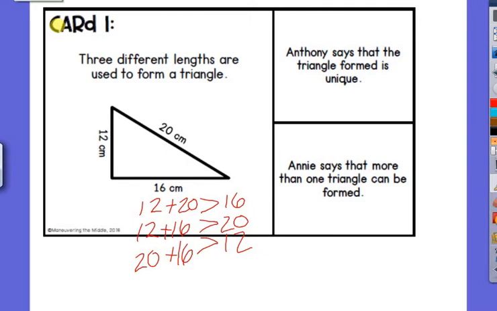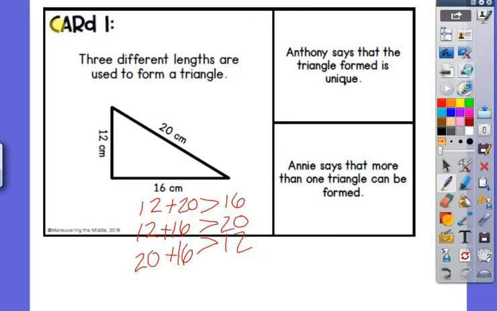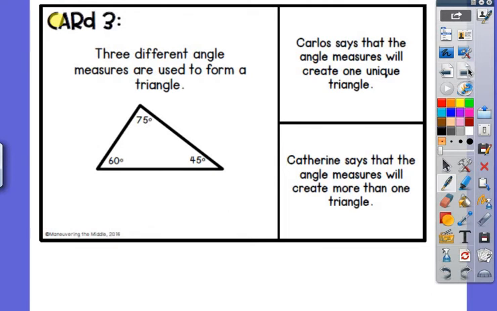Okay, I'm going to look at card 3 now, so make sure that you're on the correct box. This says 3 different angle measures are used to form a triangle, and they give me 3 angles. Carlos says that the angle measures will create one unique triangle. Catherine says that the angle measures will create more than one triangle. Well, what do I know about angles of a triangle and how many they can create? Infinitely many different triangles.